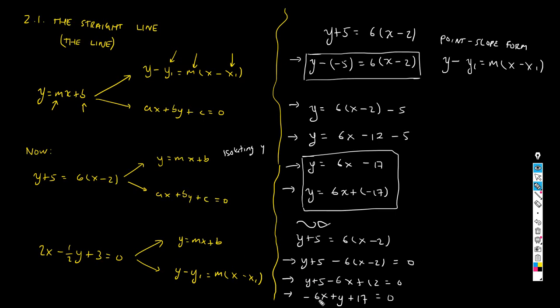This is the general form. Why? Because it has exactly the same shape. We have a coefficient times x. In this case, my coefficient is negative, no problem, times x, plus a coefficient, which is 1, times y, plus some constant, equal to 0. There you go. This is the general form.